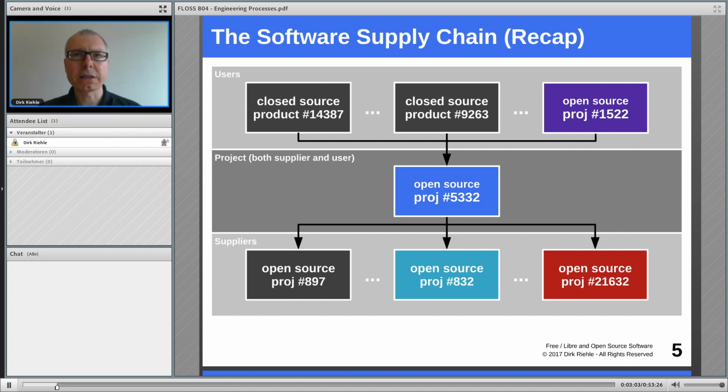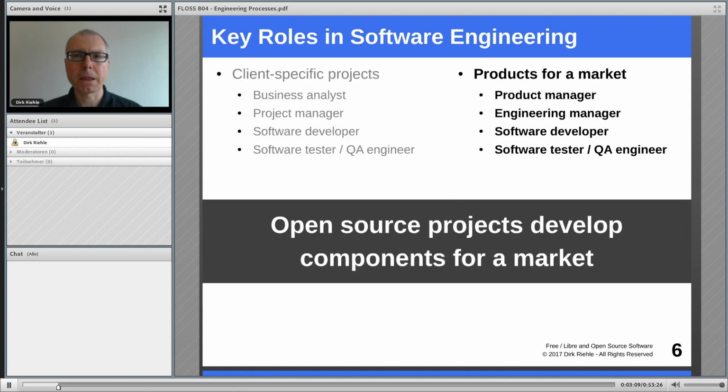So being a supplier is actually a role that is attributed to a particular open source project. And that has a consequence, which is that open source software projects are best viewed as components, jointly developed or not, but components that have a market, and not just a single user, but a market.